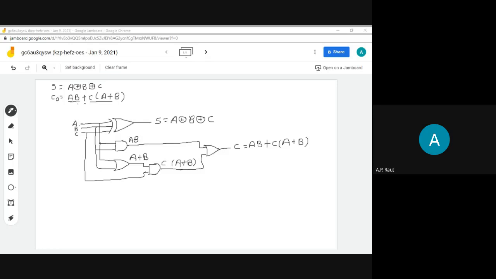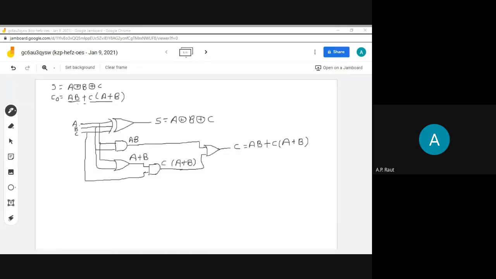What is the meaning of arithmetic? Addition, subtraction, multiplication. Good. They perform the arithmetic operations like addition, subtraction, multiplication, and division. So this full adder is also used in the ALU for performing arithmetic operations.